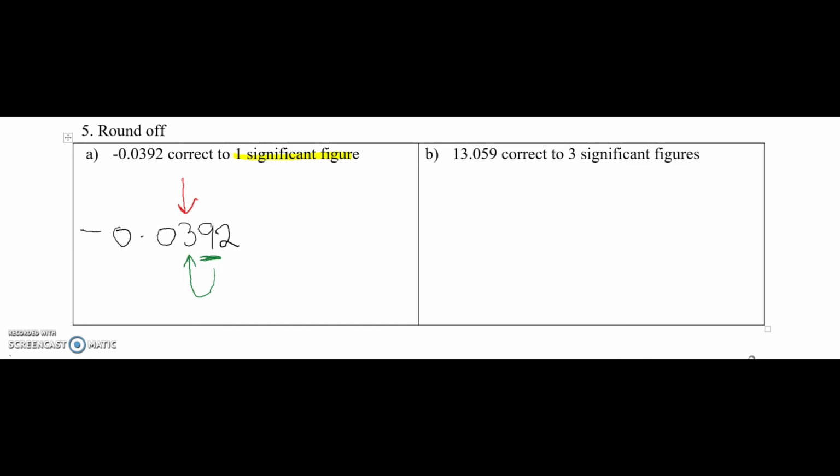So therefore, when we round off negative 0.0392 to one significant figure, we will get negative 0.04. Since this is a decimal number, there is no need for us to indicate 0 for the remaining place values.